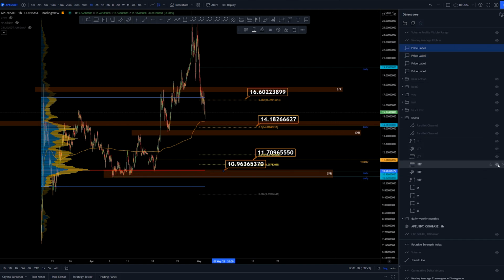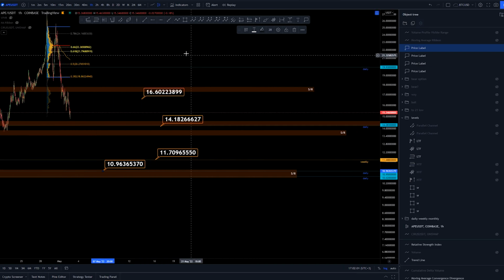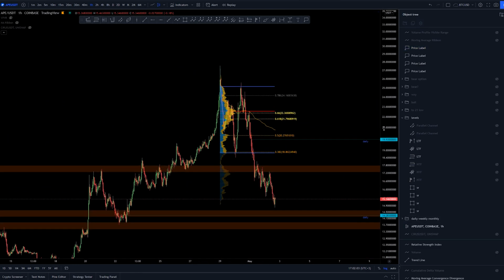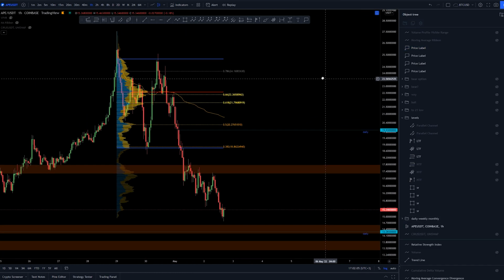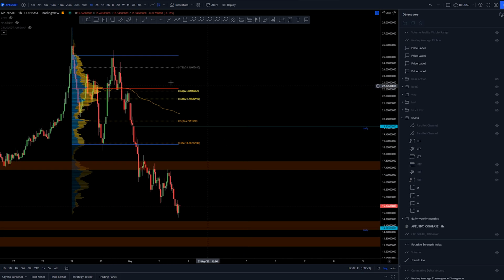Let's close these for a bit, at least the volume profile. And then we have the lower time frame stuff here. From the all-time highs around 29th of April to current date, we got some interesting areas again.